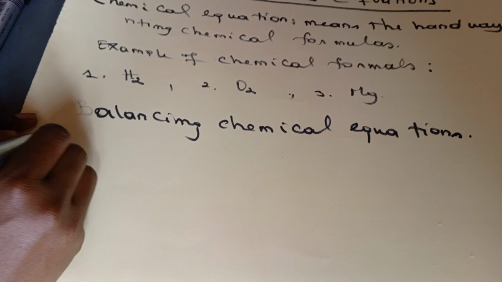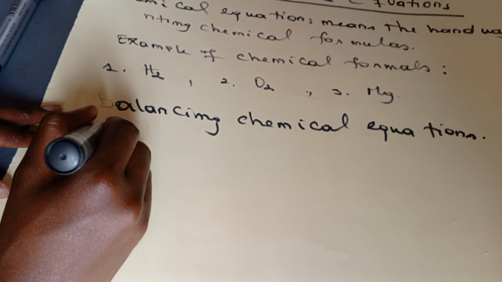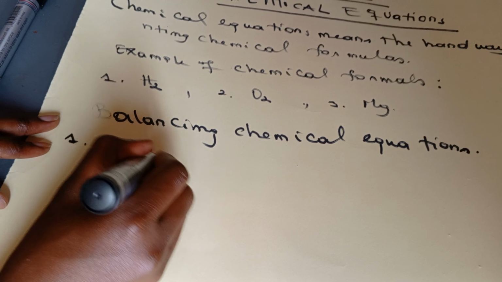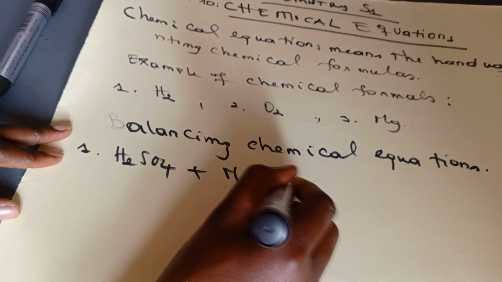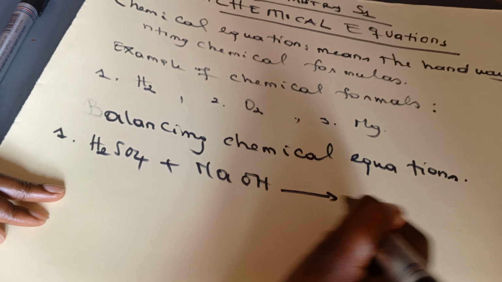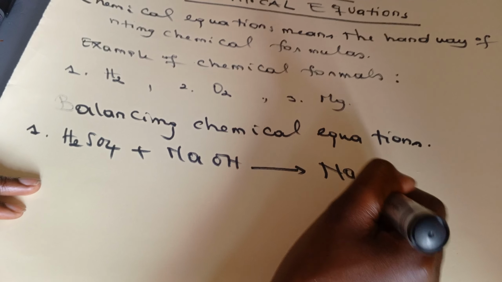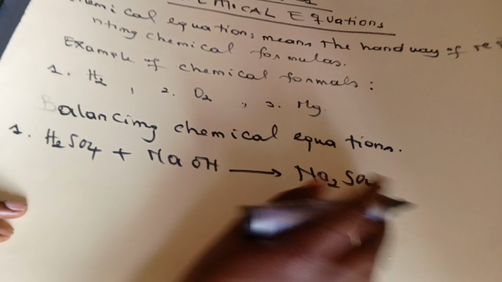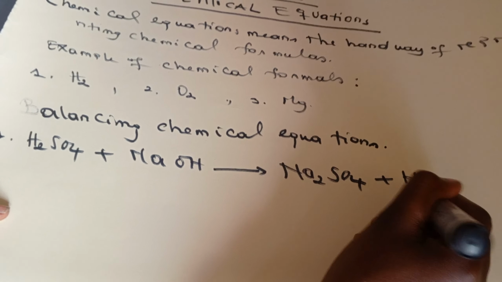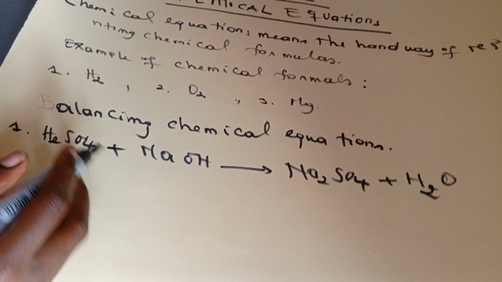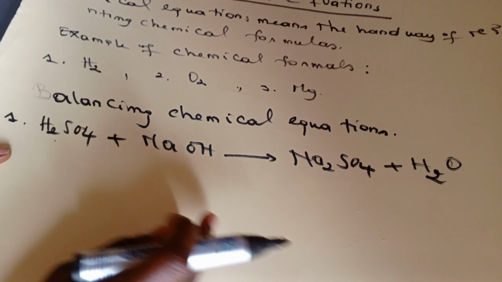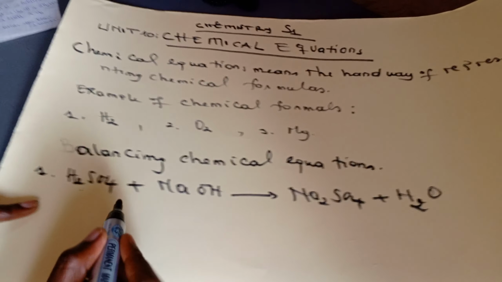Let us take example number 1. When sulfuric acid reacts with sodium hydroxide, we get sodium sulfate and water. When we balance, we compare the atoms or formulas in the reactants with the products.